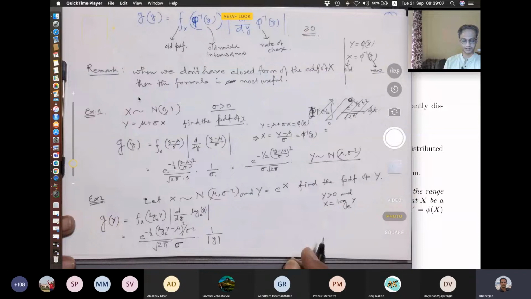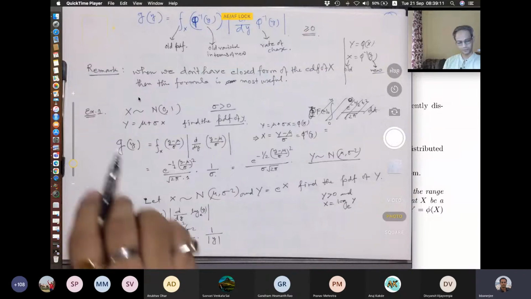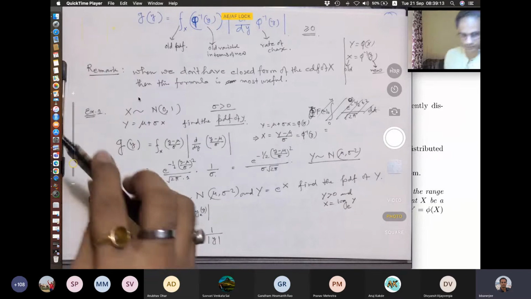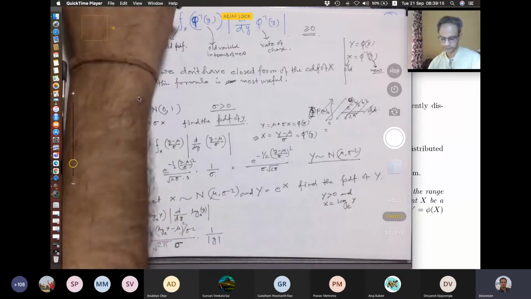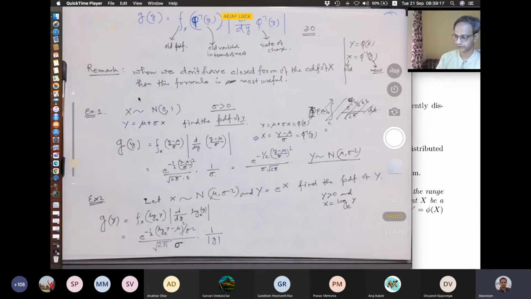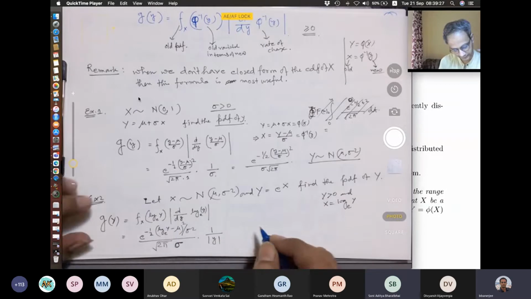So this is the PDF. This distribution is known as log normal distribution. Is taking the mod important, because y is already positive? Not important, but since I started with the mod sign, I have followed it.